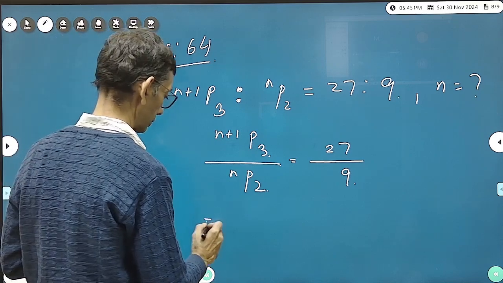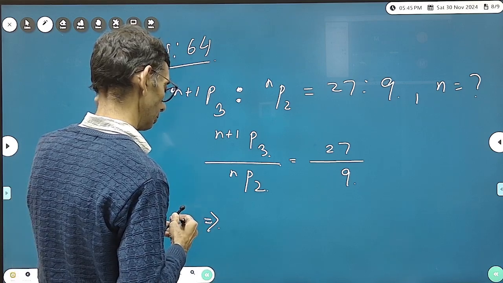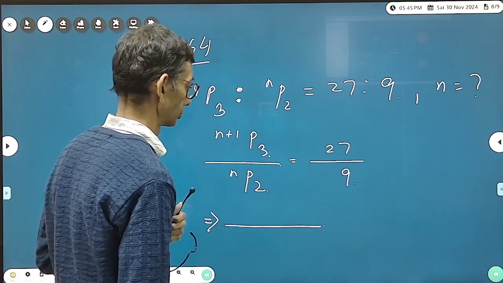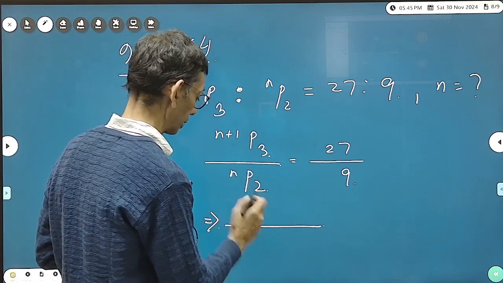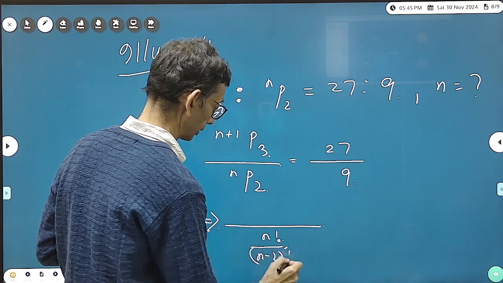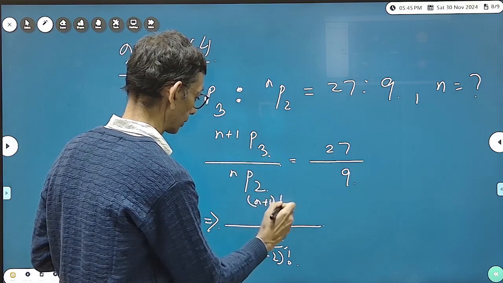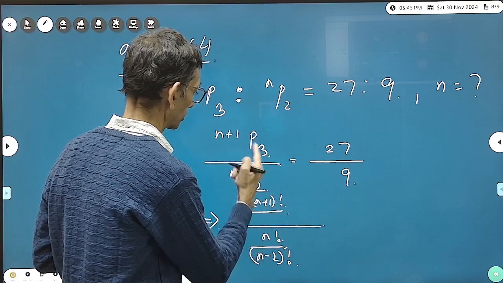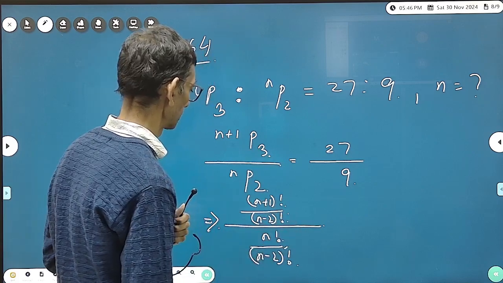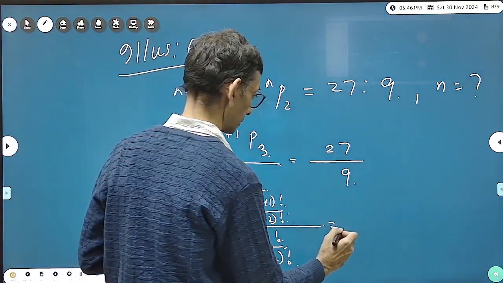So this implies, I will be using the formula nP2, which means factorial n divided by (n minus 2) factorial. Use it: (n plus 1) factorial divided by (n plus 1 minus 3), that means (n minus 2) factorial, is equal to 27 by 9.